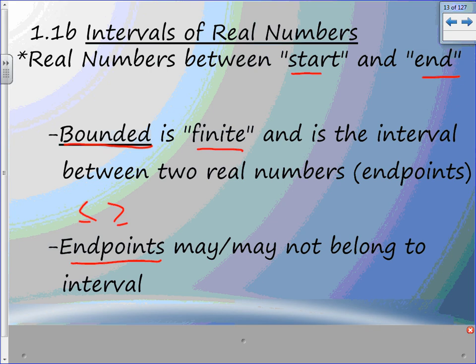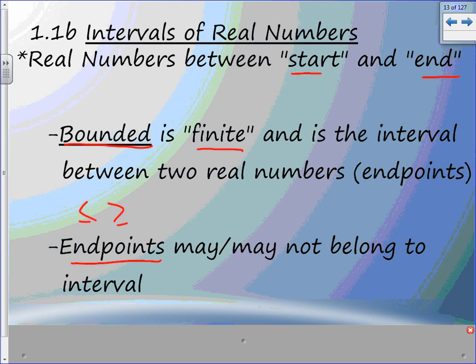When we're doing interval notation, a clearer way to write that notation, instead of using the greater than and less than, or the greater than or equal to and less than or equal to, is using parentheses and brackets to represent these particular concepts.